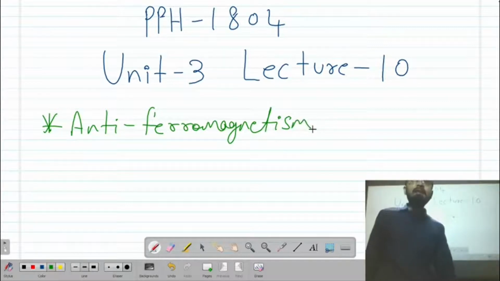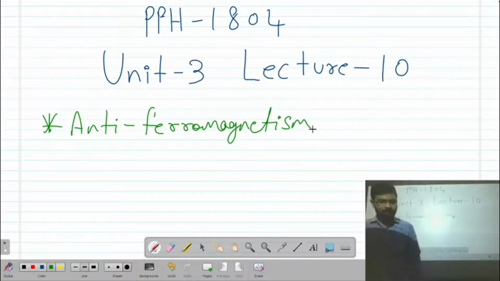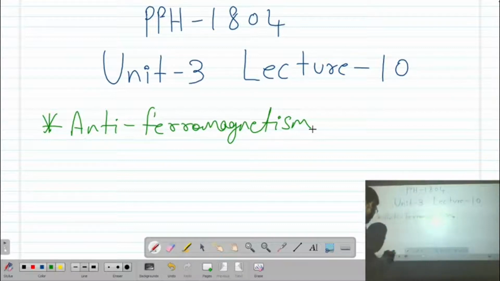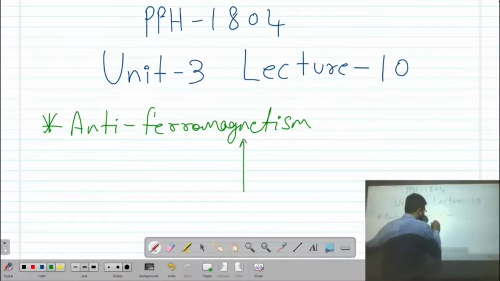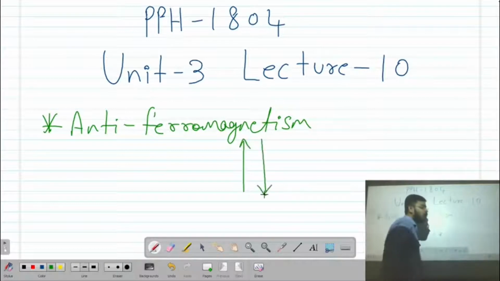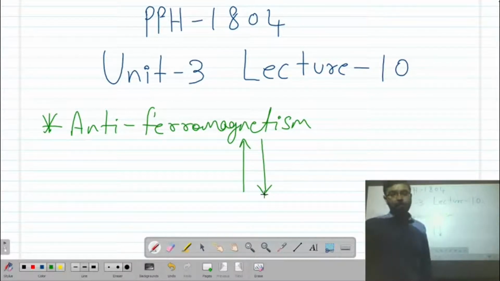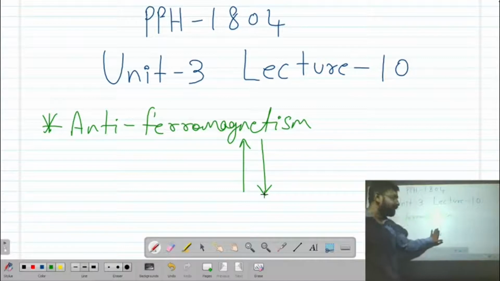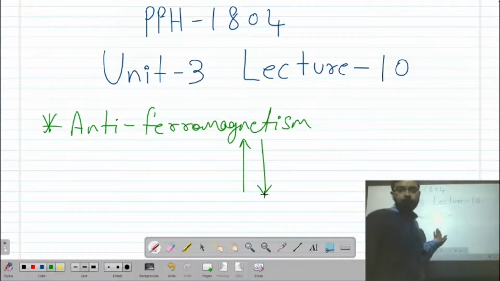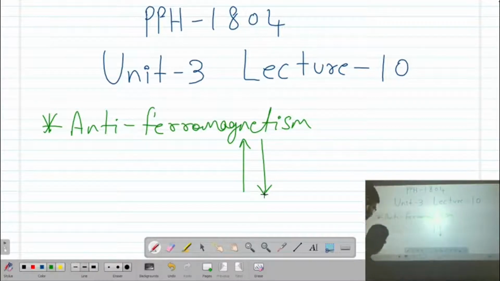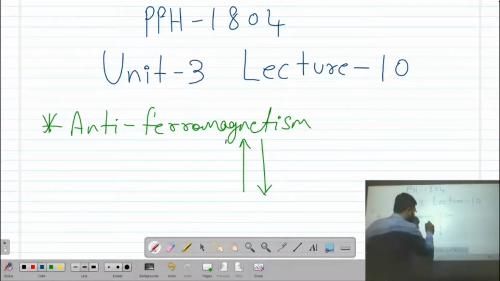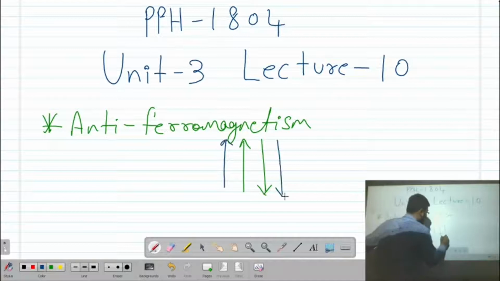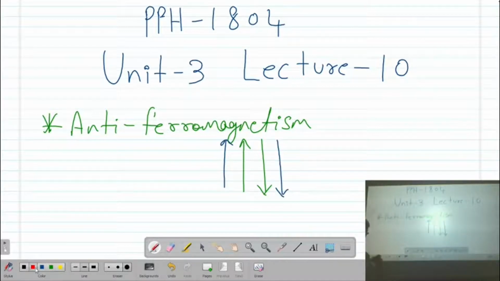In the initial lectures we discussed that if a material has the orientation of magnetic dipole moments in such a way that an equal number of dipoles are in opposite directions, then if one is in the upward direction, another will definitely be in the downward direction.